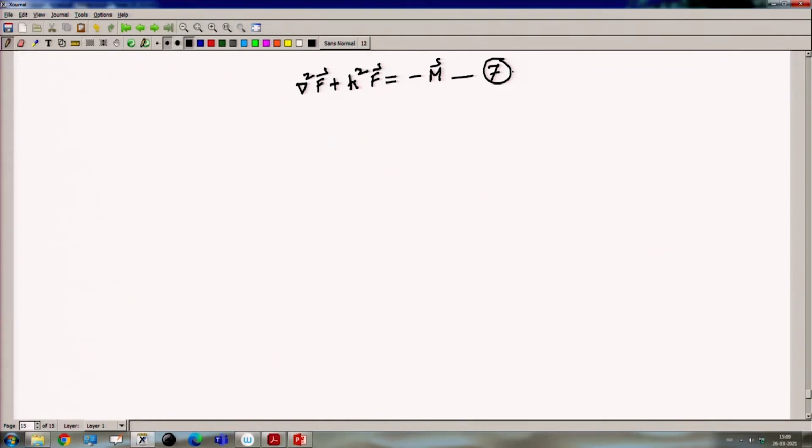So, this is the Helmholtz equation corresponding to the magnetic current source.